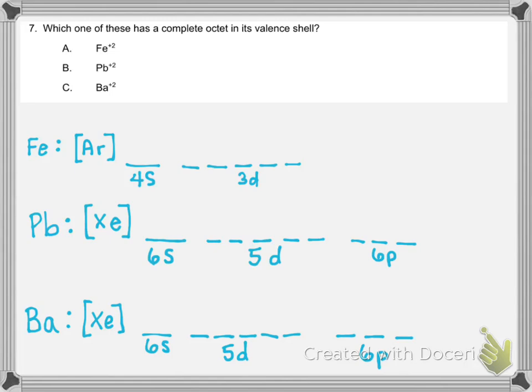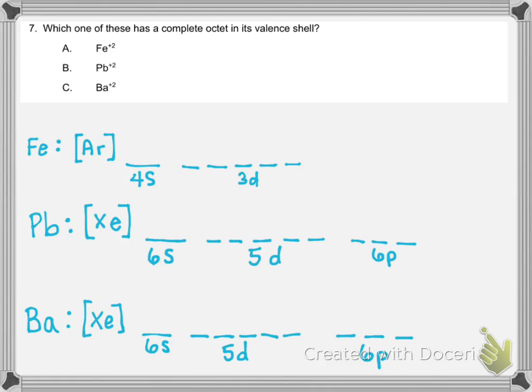Here in number 7, we really have to write out electron configurations. So they're asking us about complete octet for 3 different metals. And they have charges on them. They all have +2 charge, which means that we're going to have to remove some electrons.